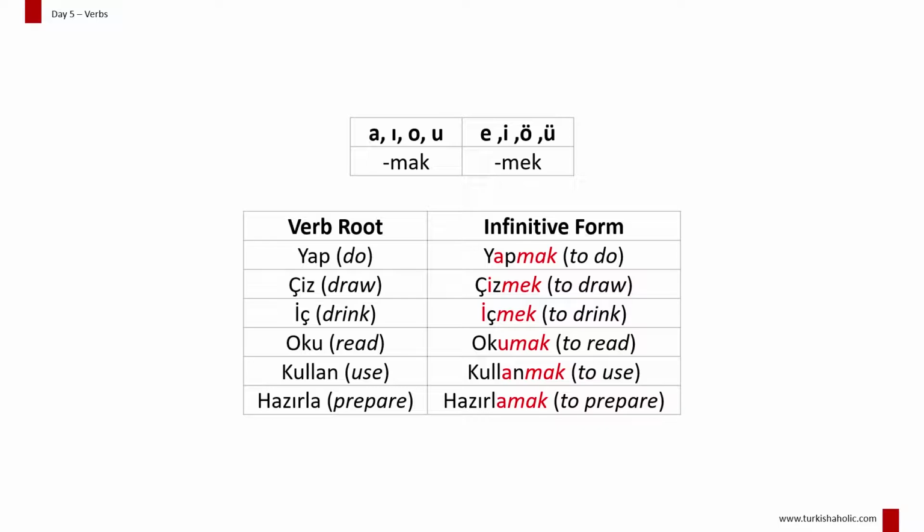Just like in English, where we erase the "to" in front of the verb to conjugate a tense, we simply erase the mek, mak suffix to use the verb in different uses. There are some times where we use the verb in its infinitive form without erasing the infinitive suffix. You will see these usages in our later classes.